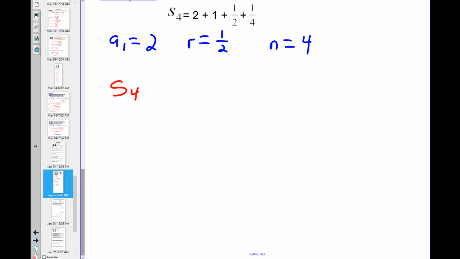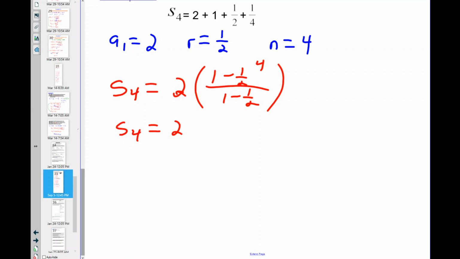So the sum of these 4 numbers is equal to 2, times 1 minus 1/2 to the 4th over 1 minus 1/2. And look, at this one here, I'm going to leave it as a fraction, because I'm allowed to distribute that exponent. That becomes 1 over 16. On the bottom, I get 1/2.